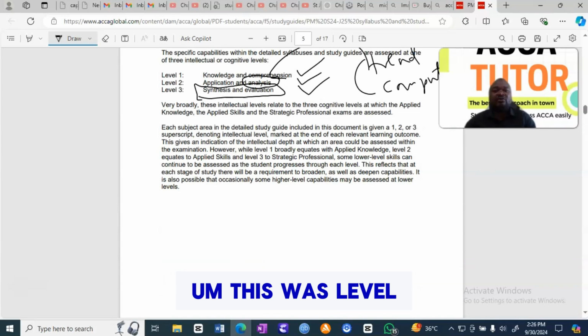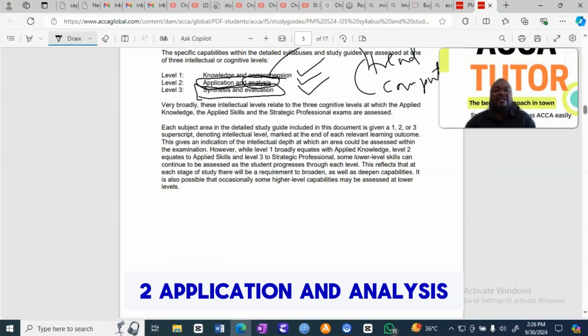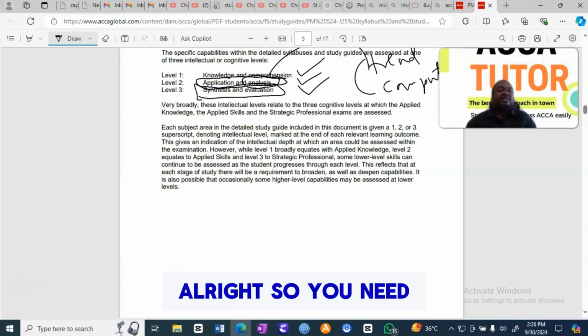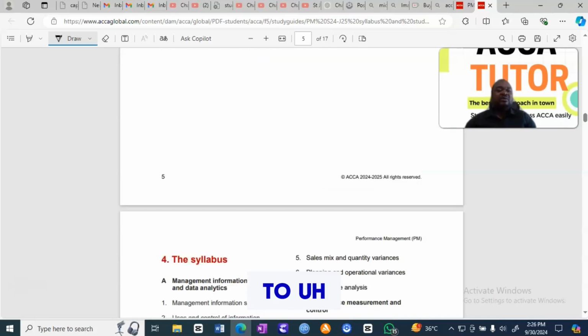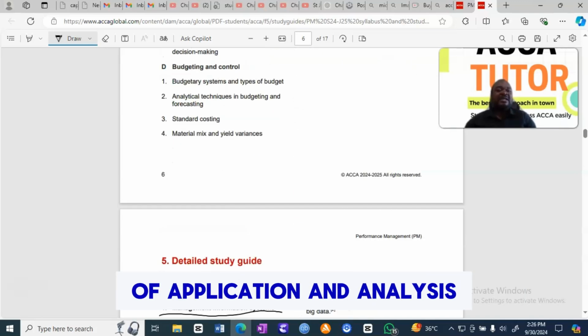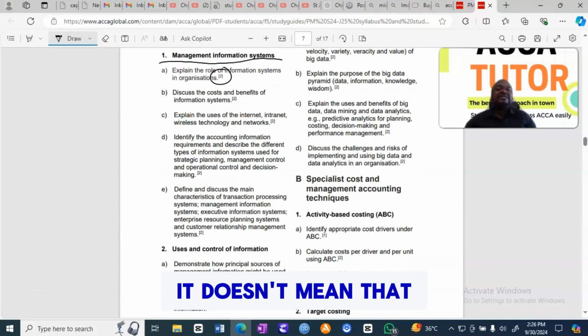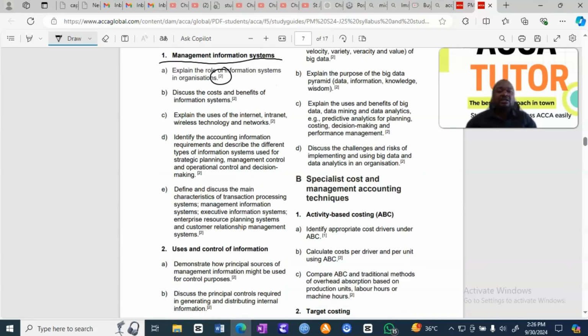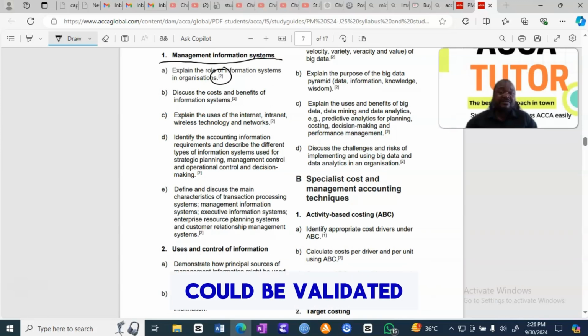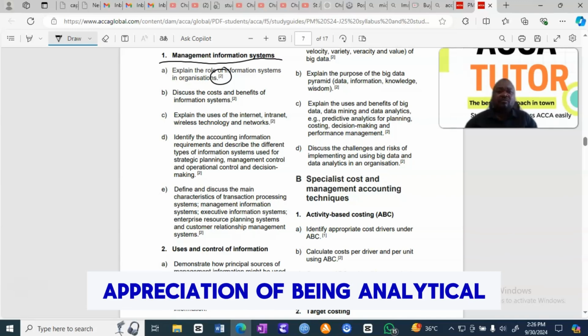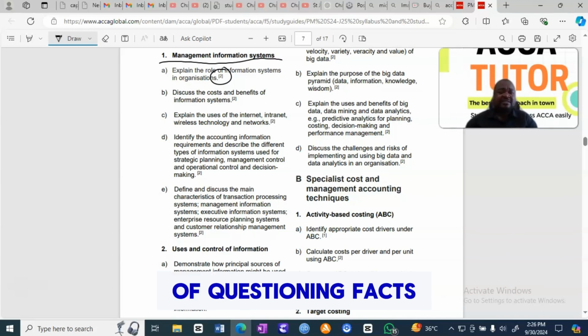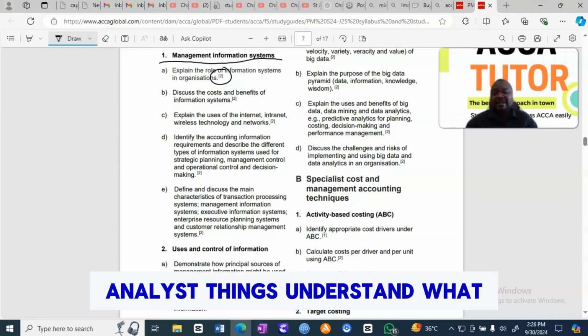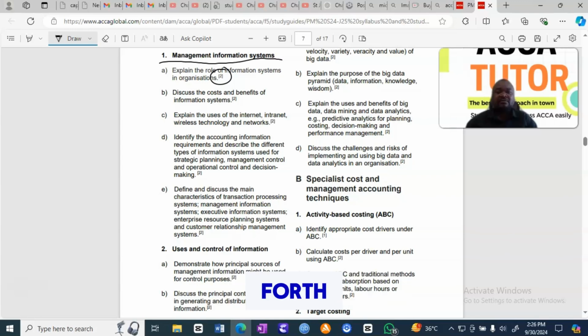This was level 2, application and analysis. All right, so you need to show a little bit of application and analysis. It doesn't mean that analysis here is only related to figures. Some of the information could be qualitative, but you need to show your appreciation of being analytical, of questioning facts, analyze things, understand what they mean, and so forth.